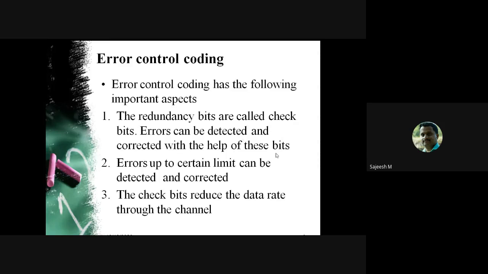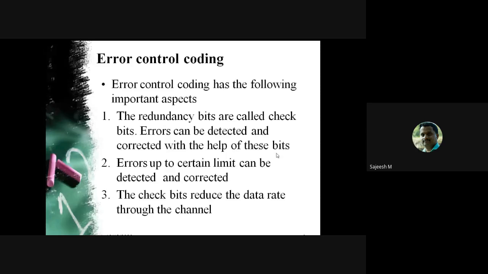We are adding extra bits, which are termed check bits. The purpose of the check bits is the detection and correction of errors. With the help of these check bits we can detect and correct errors.